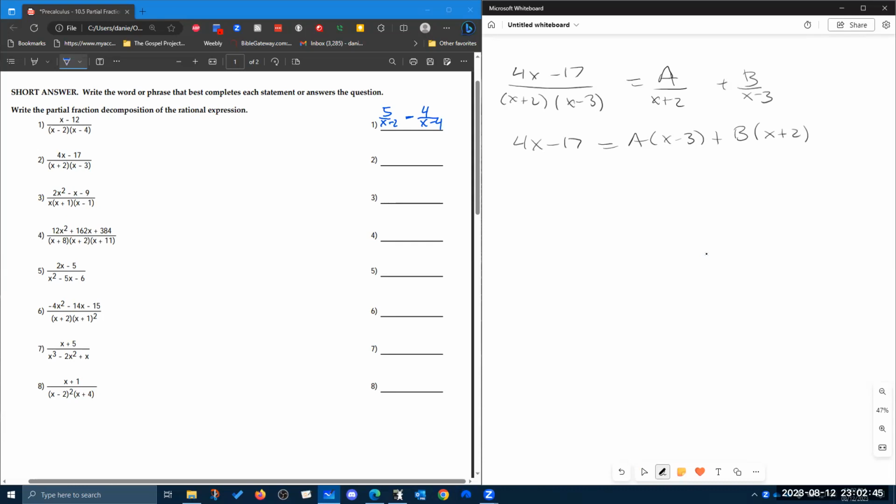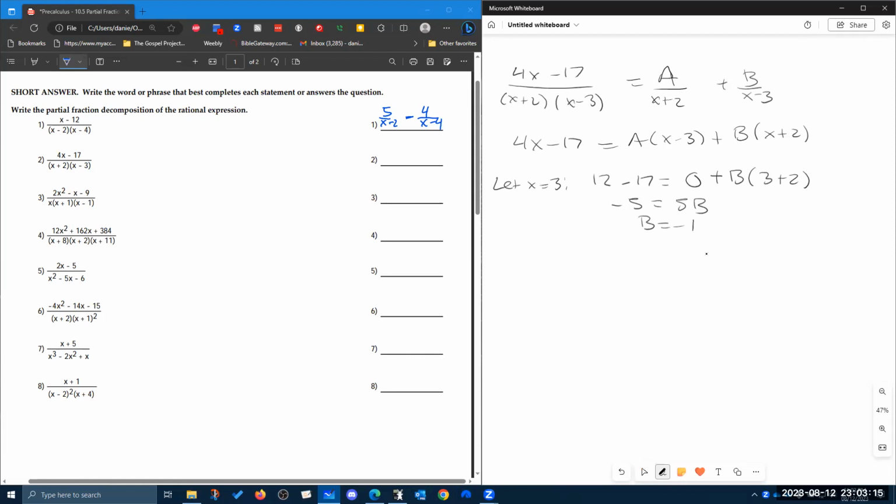If I want to zero out this factor right here, I'm going to let x equal 3. And when I do that, 12 minus 17 equals 0 plus b times 3 plus 2. So negative 5 is equal to 5b, and b is equal to negative 1.